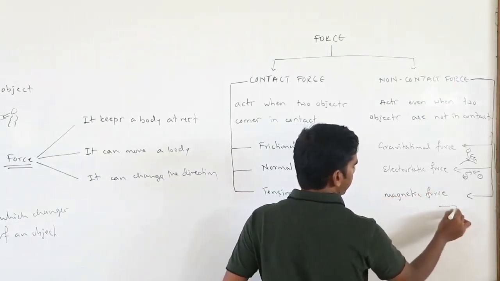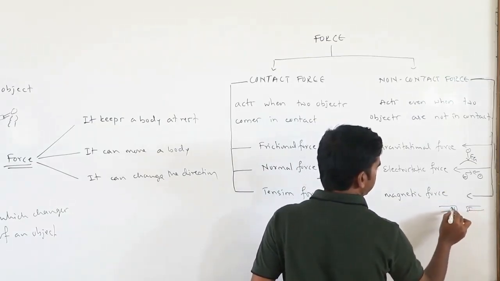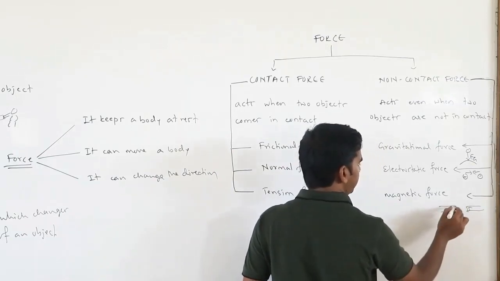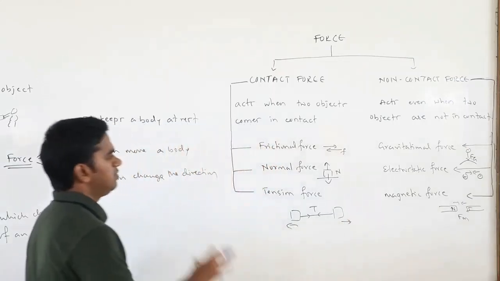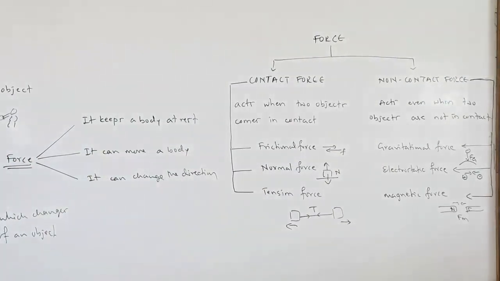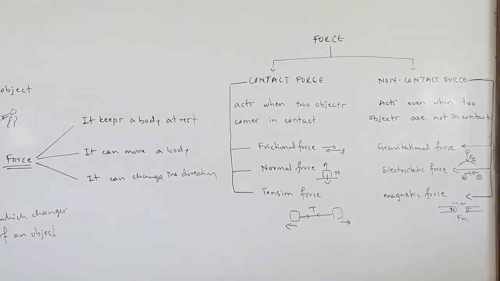Okay, so if you take the north and south poles, what will happen? There is a force between them. That is what we call magnetic force. Okay, so those are a few non-contact forces, and that is the contact force. We have to study much more about contact forces and non-contact forces. All those things we will see.